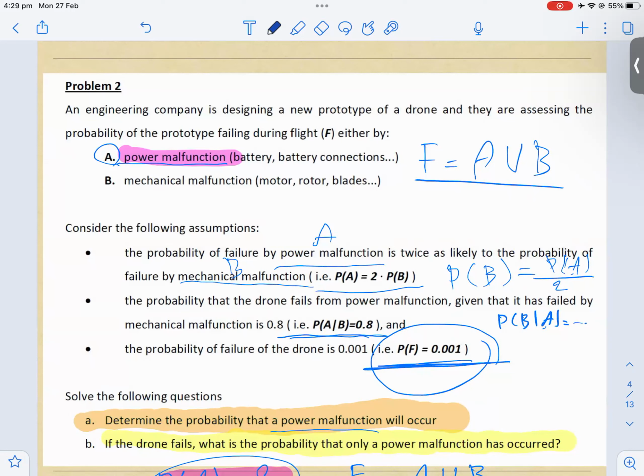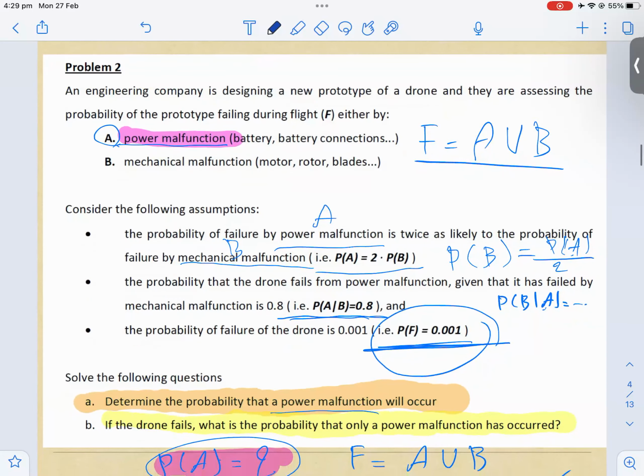One of them is malfunction in the power part, or power malfunction, and the second reason this drone can fail is a mechanical problem, like in the motor, in the blades, and other parts of the drone. So 2 aspects: power malfunction, and mechanical damage of any part of the drone.